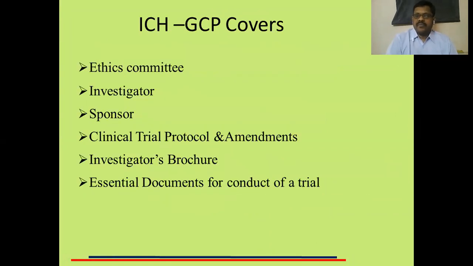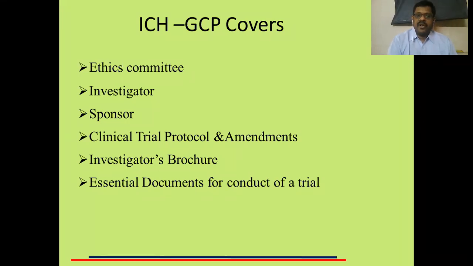Okay. What are the various parts these guidelines cover? You see, the ethical committee: these guidelines are made for developing an ethical committee, how it should function, and how we should appoint it. The role and responsibilities of investigators, and then the responsibilities of sponsors.